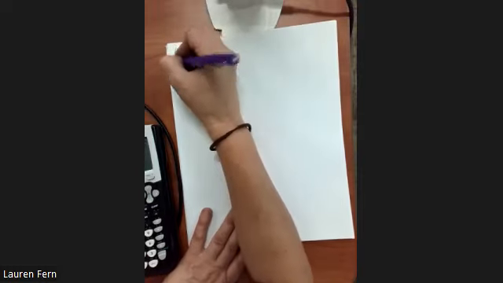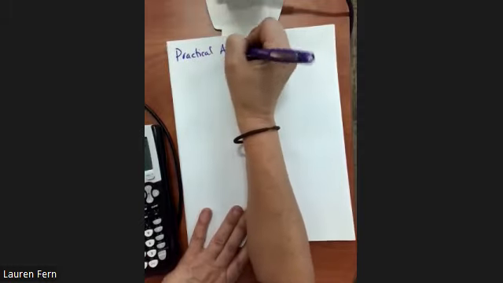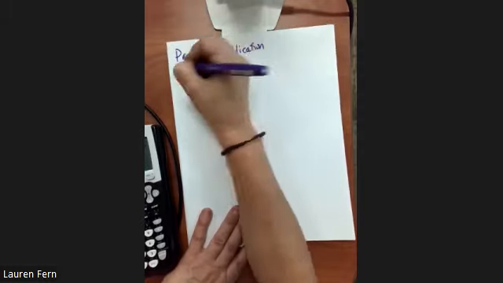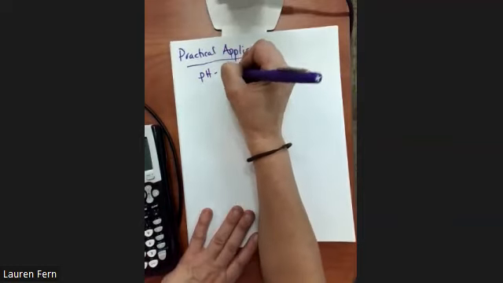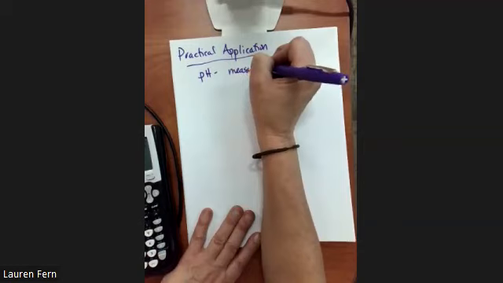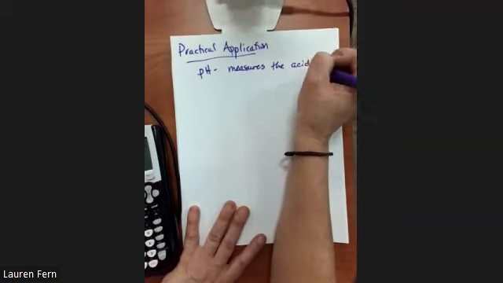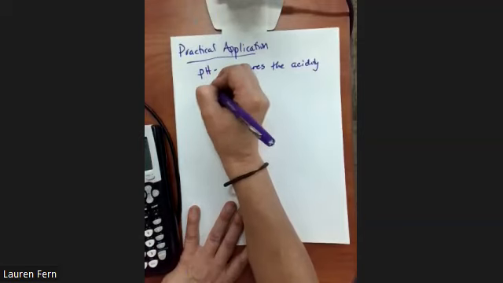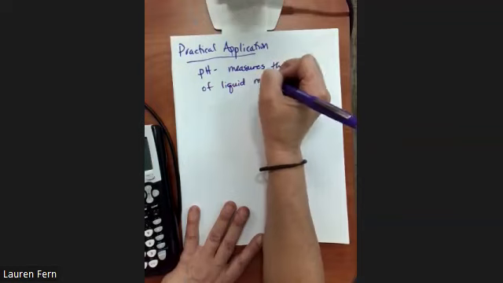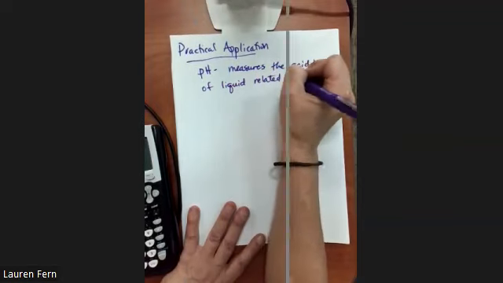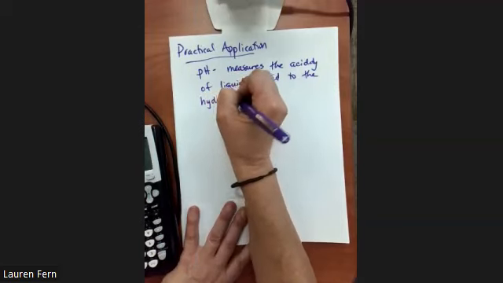So one practical application that's used more in chemistry is the pH. And the pH, in case you don't know what it is, measures the acidity of various liquids, essentially, that's related to the hydrogen ion concentration.